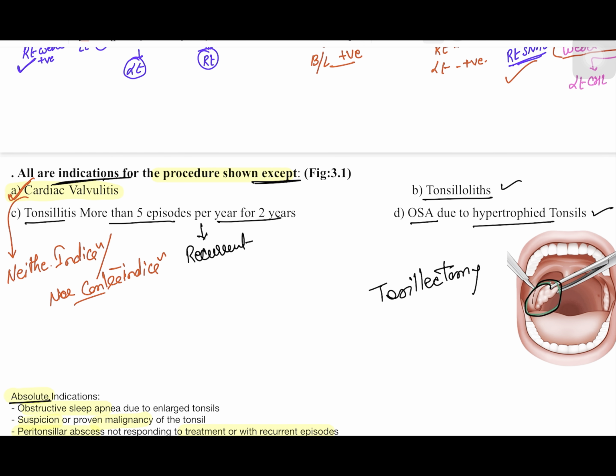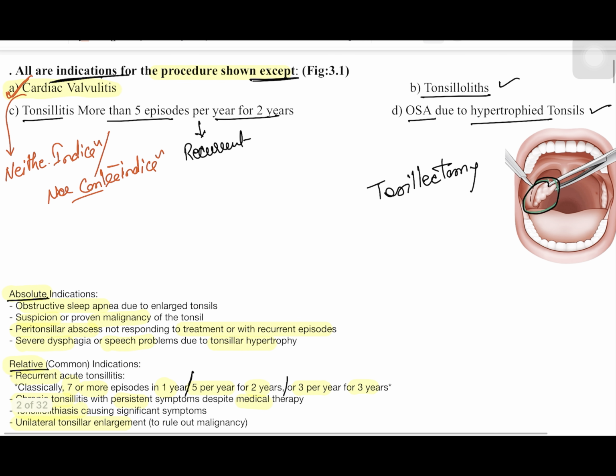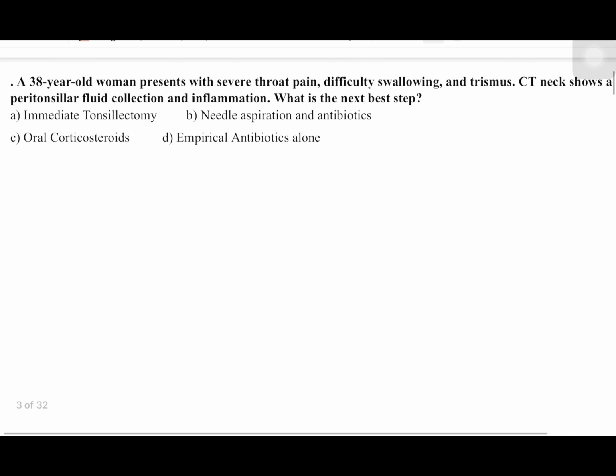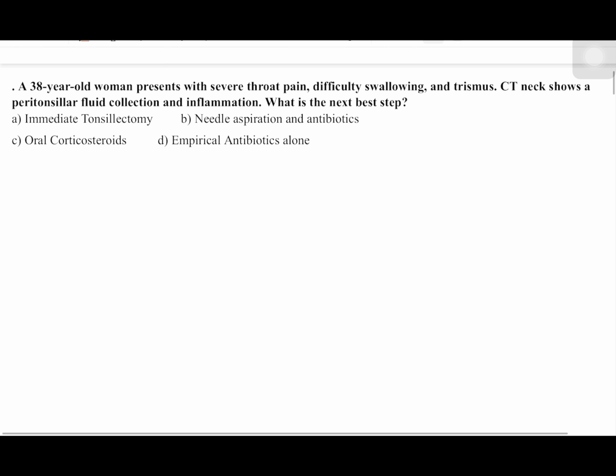But relative will be cleft palate and age less than 3 years. In all these patients, you will not do tonsillectomy. So the answer will be cardiac valvulitis, which is neither an indication nor a contraindication. If it is in an acute condition, then it can be a contraindication, but not in chronic cases, like somebody who has already developed it, no need to do tonsillectomy.